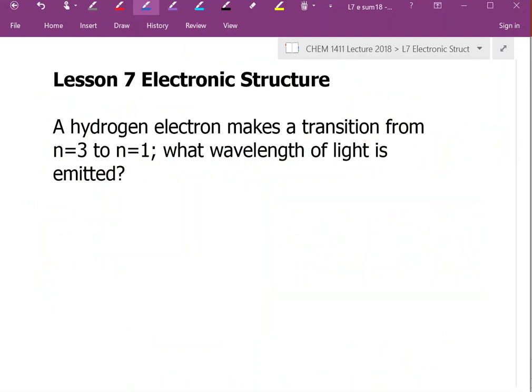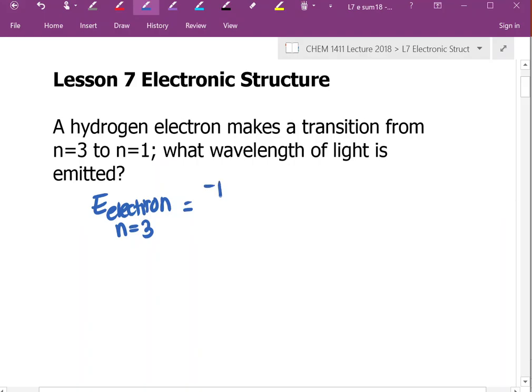So let's look at this example, and we're going to do these calculations in the order that I showed you on the last one. We're going to start by finding the energy of an electron at a certain energy level, and we're going to do 3 because we're going from 3 to 1, and so our equation is this.